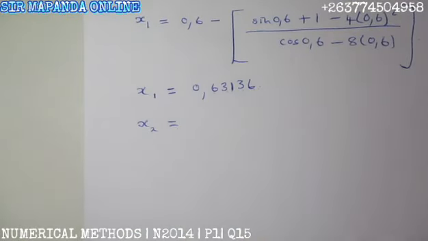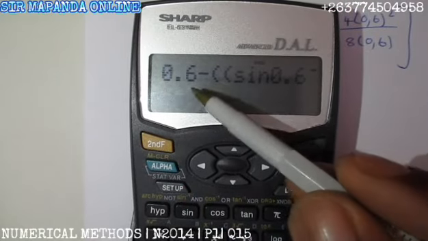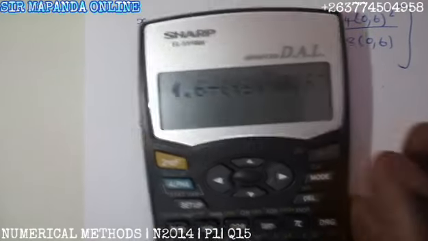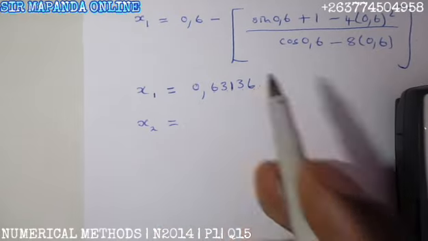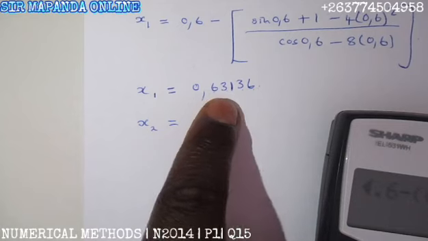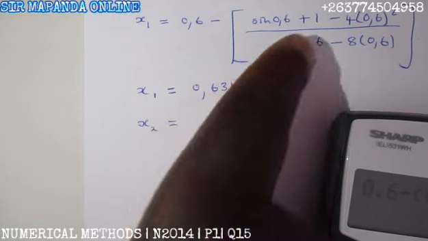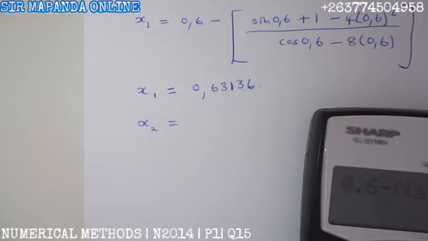You just need to play back your calculator like this. In front of this 6, we are going to put 31, 36, so to make it 0.6313, because you are now substituting x1 into the formula.